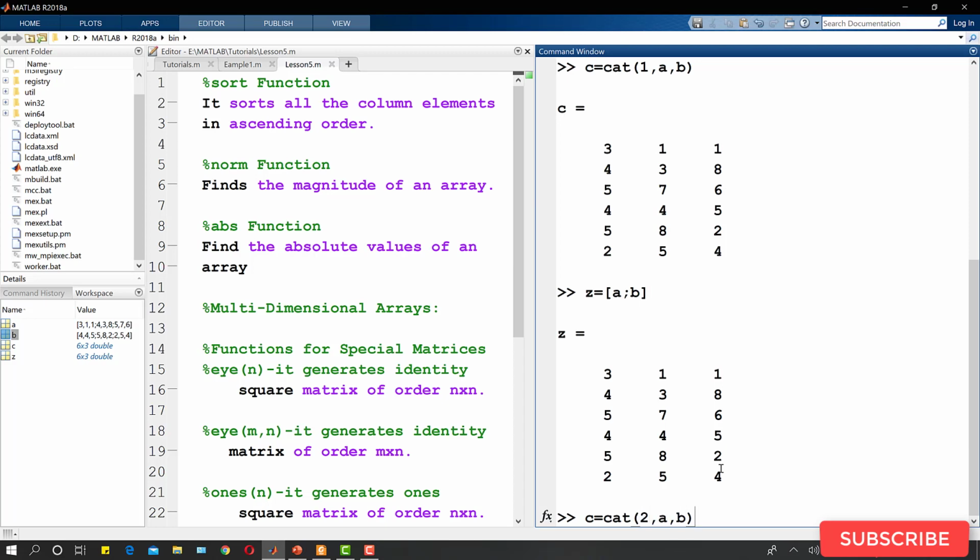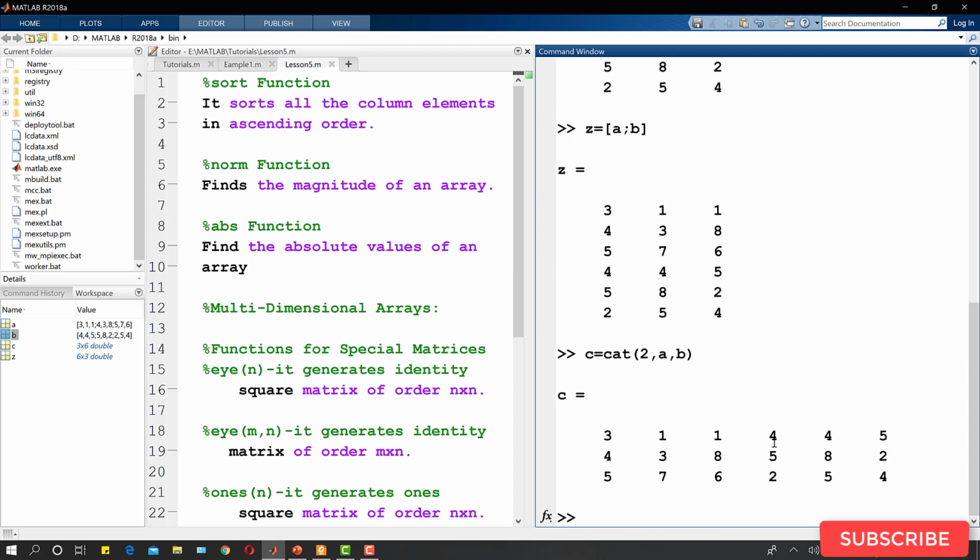Now this command will be equal to A comma B that we have learned also. What this command will do is place the B matrix along with the A matrix. So it will add the B matrix in the rows of the A matrix. Let's try it. Now we can see the result.